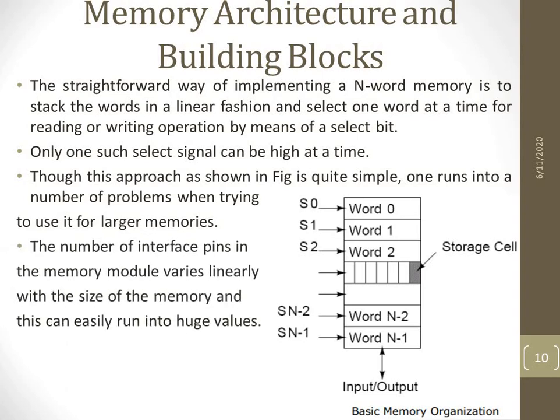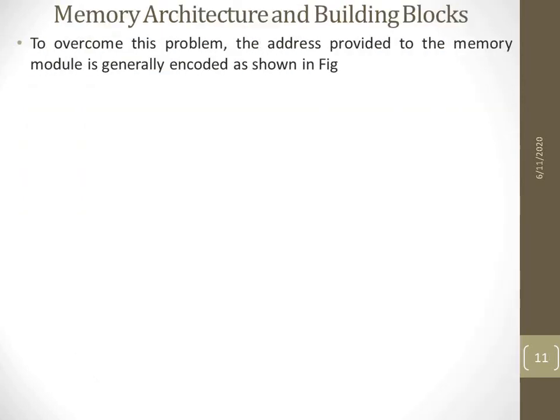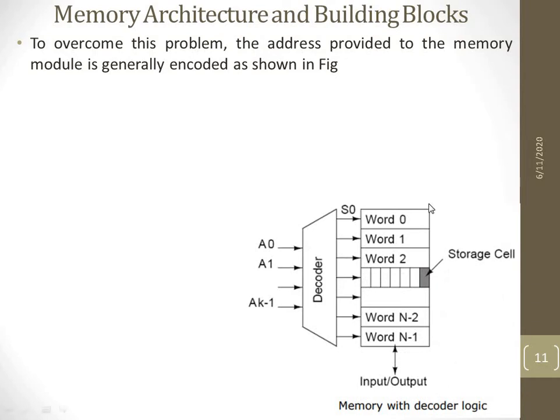The number of interface pins in the memory module varies linearly with the size of the memory, and this can run into huge values. To overcome this problem, the address provided to the memory module is generally encoded, as shown in the figure below. The storage cells are not straight away taken, they are encoded.